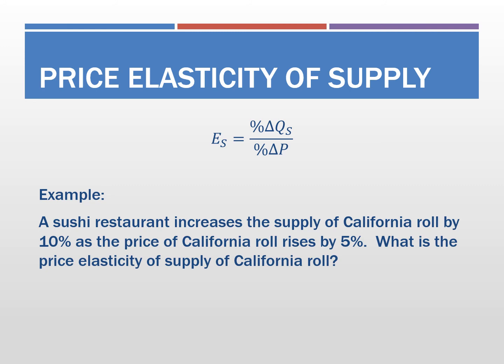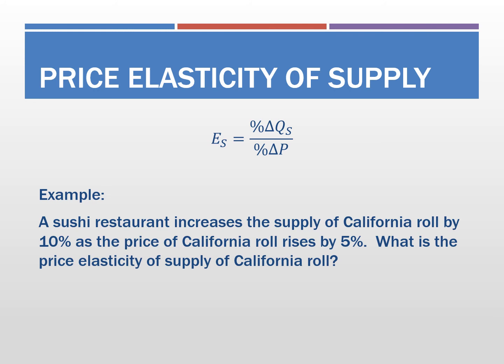So for instance, let's say there is a sushi restaurant, and this sushi restaurant finds out that it can charge 5% more for the California roll in the market. When the overall price for California roll increases by 5%, very likely this restaurant is going to adopt it and charge 5% more.